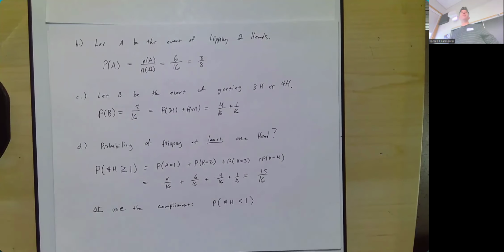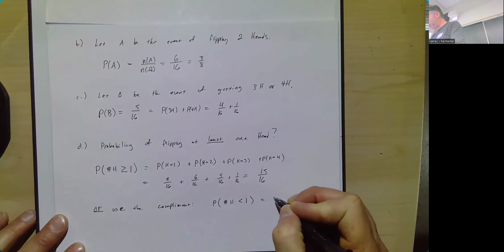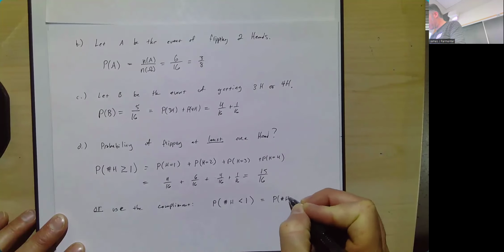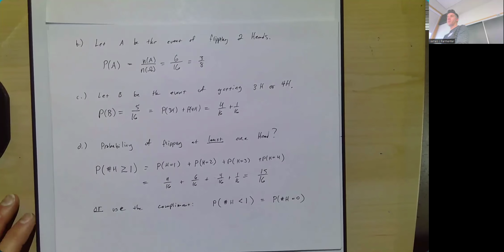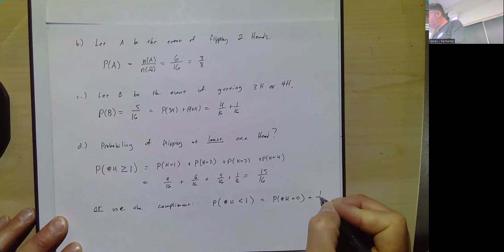There's only one option there. If I have to have less than 1 head, how many heads can I have? Right, 0 is the only number left. So this is the same as the probability that the number of heads is equal to 0. Okay, well, we can calculate that. That's equal to 1 over 16.